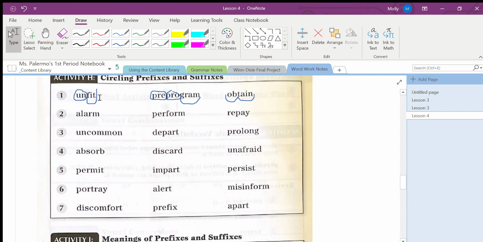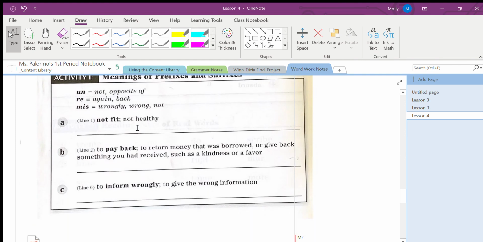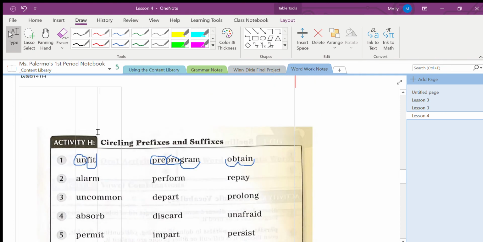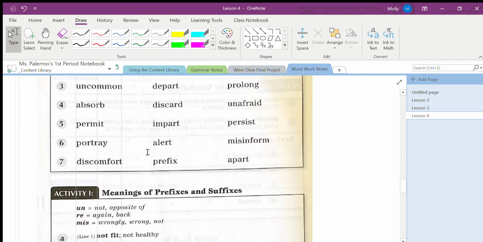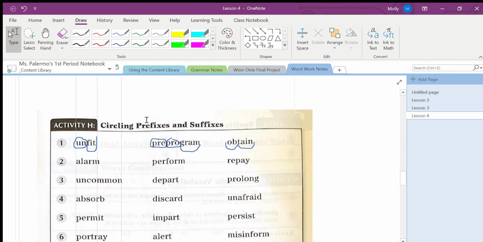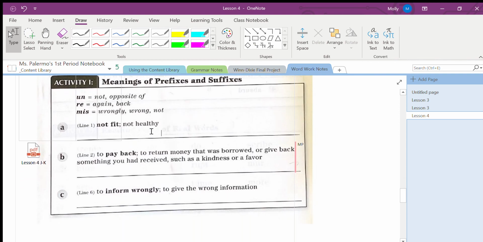Which word in line 1 means not fit, not healthy? And you guys are just going to write that word here using the text box that's not popping up for me. Oh, good. Okay, so I can type right on the line. Cool. So yeah, go back up to line 1 in Activity H and find the word that means not fit, not healthy, and write it here.